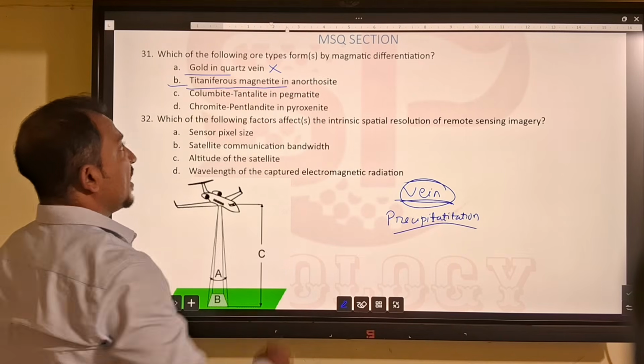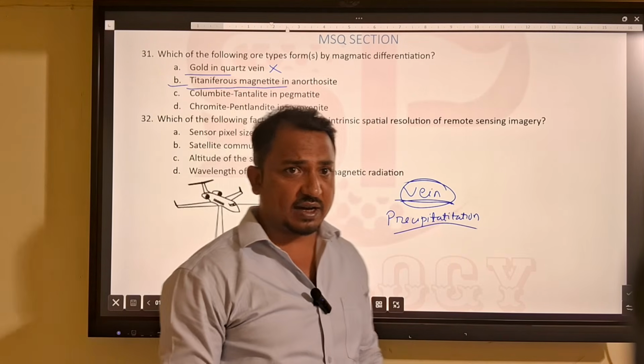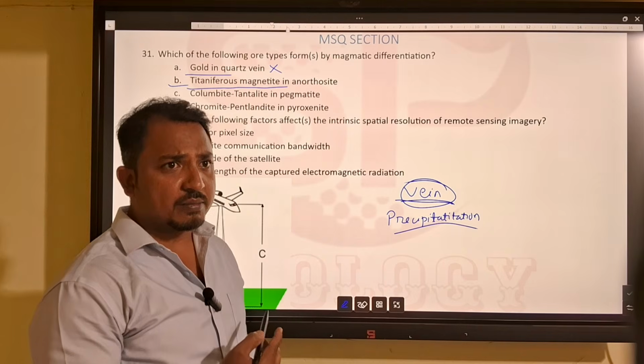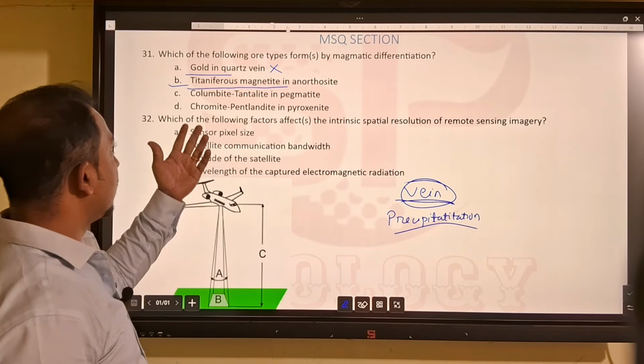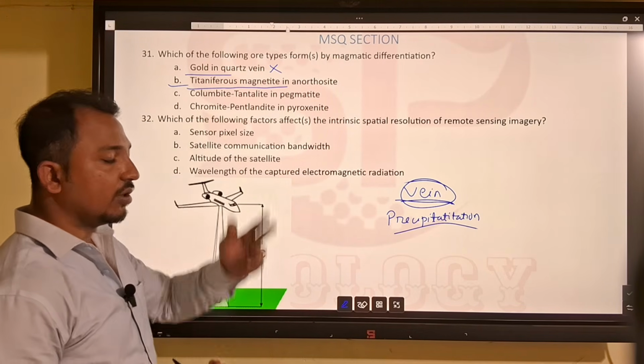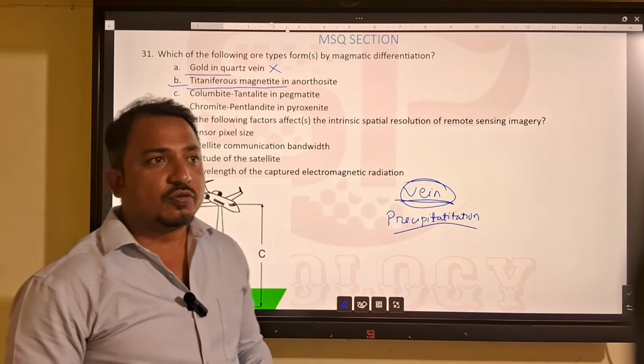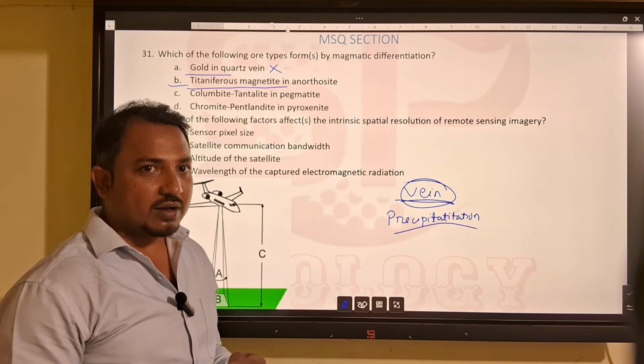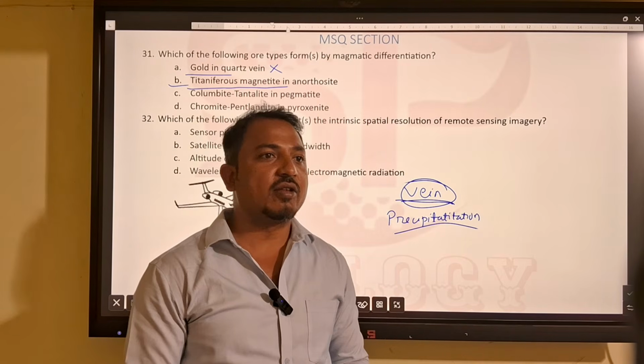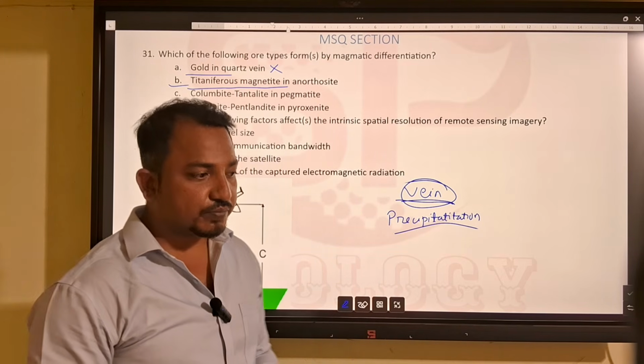Here we have titaniferous magnetite. Titanium, vanadium, niobium, tantalum, columbite, these are depositions that occur because of magmatic differentiation.